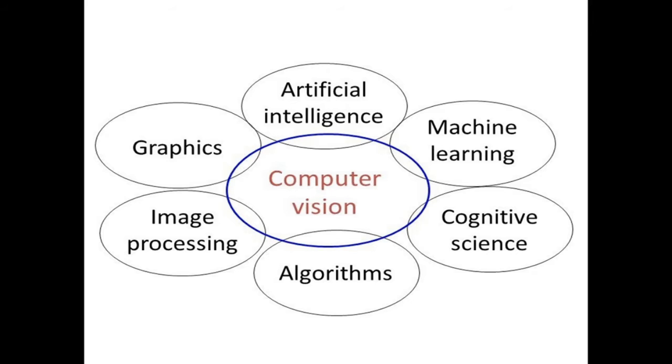It is also related to neuroscience, system architectures, and information retrieval. That means computer vision is at the intersection of multiple scientific fields, and it brings together a large set of disciplines onto one platform. This is about computer vision disciplines.